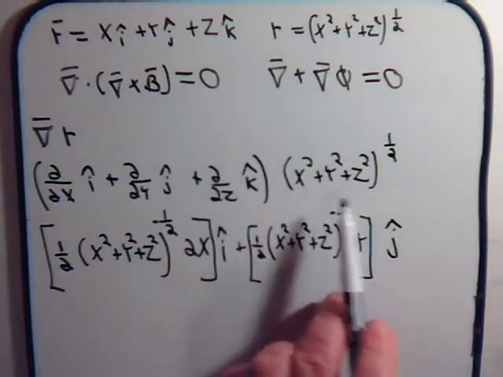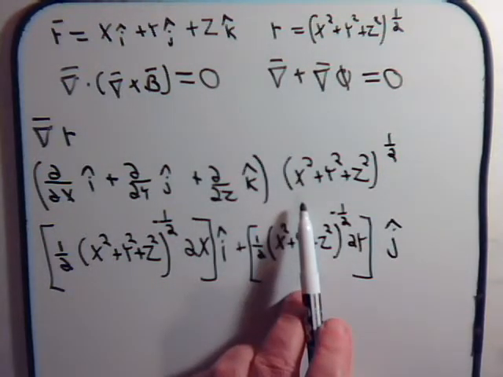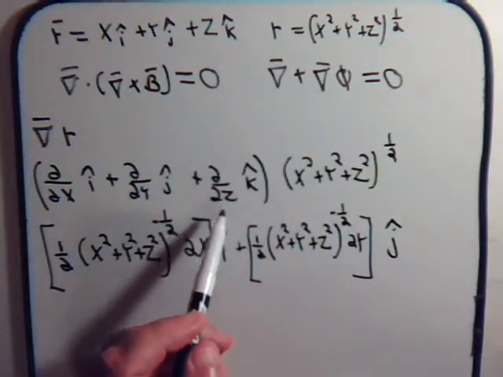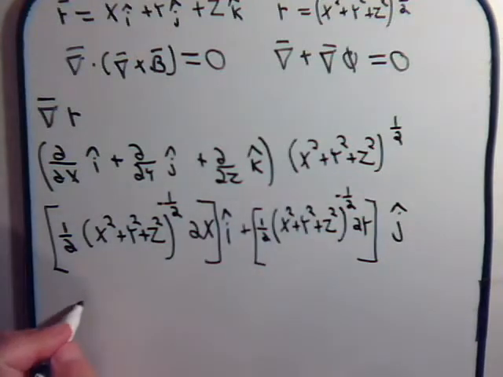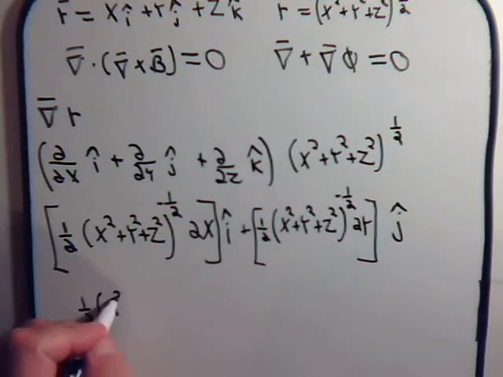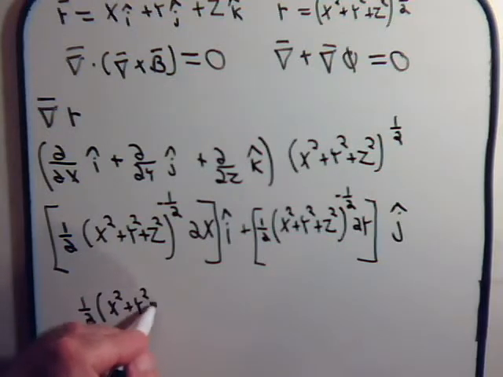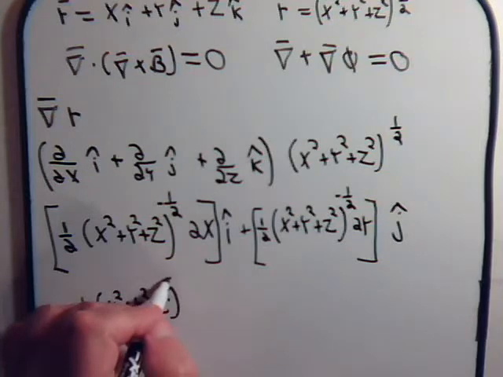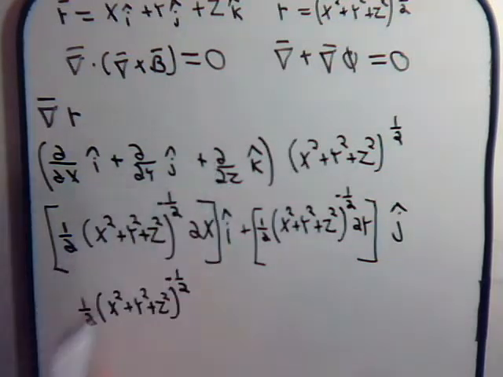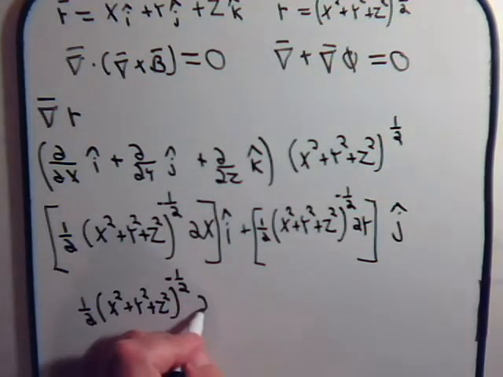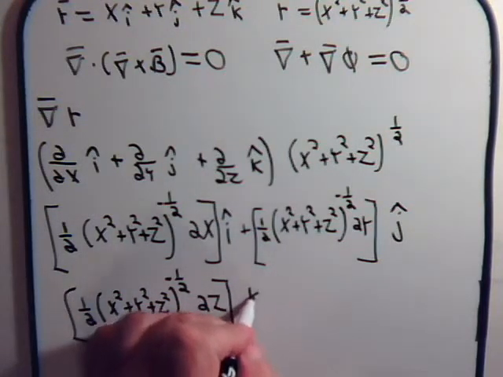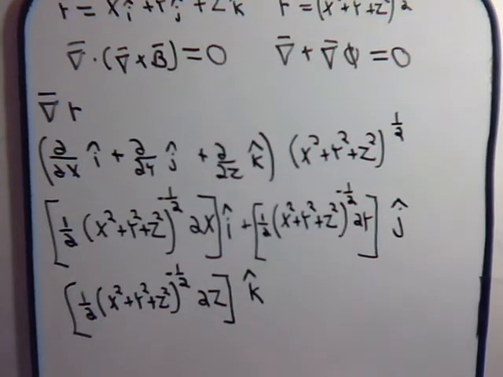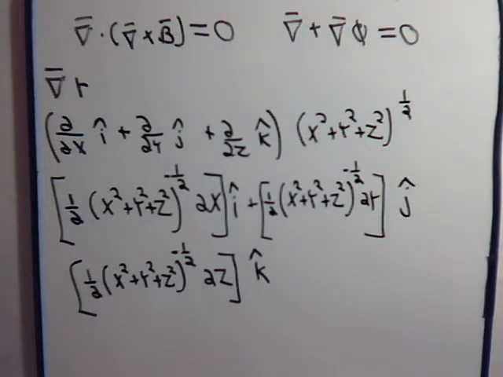And one more differentiation operation to perform, taking the partial of this with respect to z. So once again, we're going to have 1/2 times x squared plus y squared plus z squared to the minus 1/2. And taking the partial with respect to z, we're going to have 2z, and that is the k component of the resulting gradient vector.